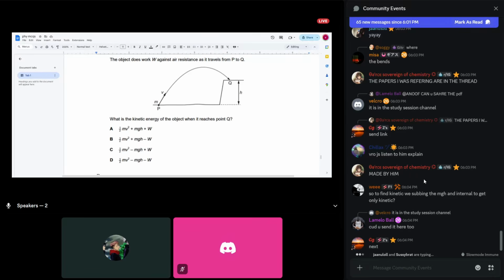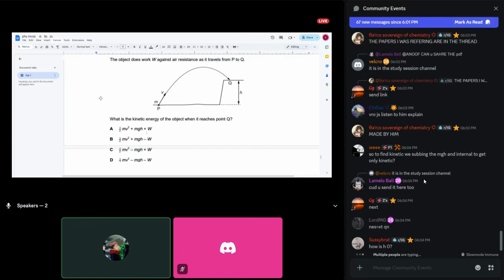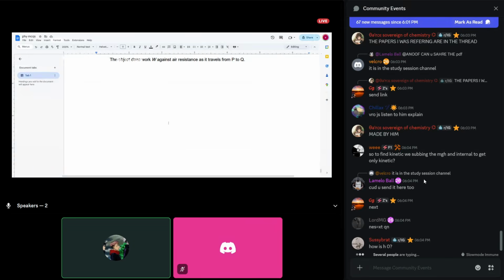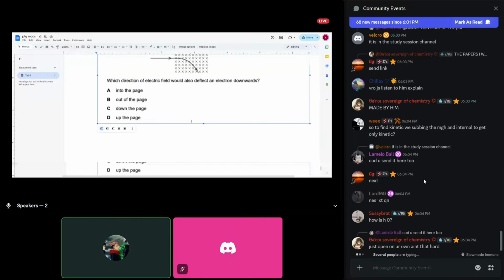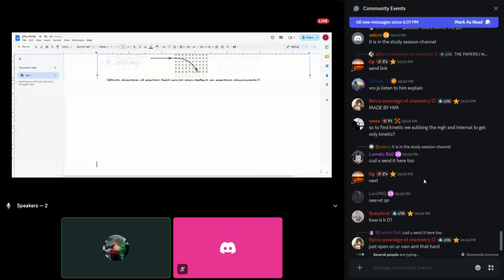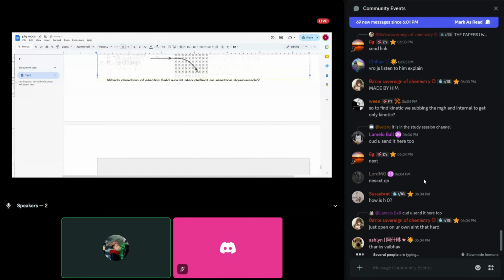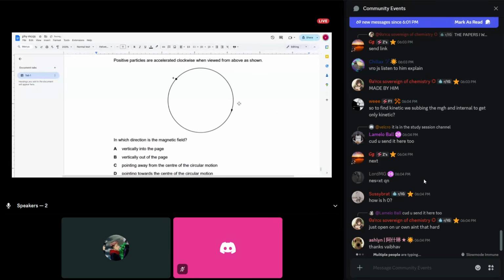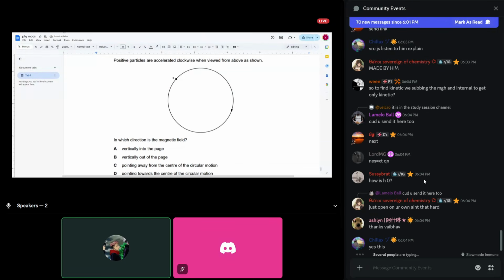There's one more question that somebody sent earlier. A lot of people made mistakes in this. Which direction is the magnetic field?